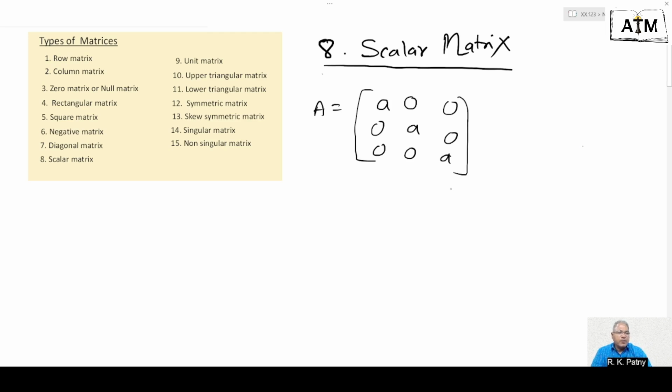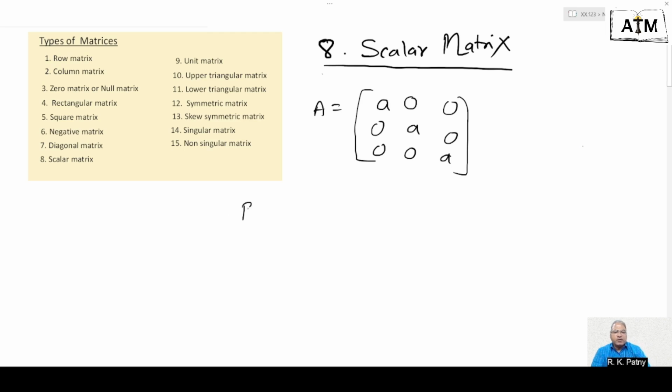So in case of a diagonal matrix, if all the elements along the diagonal are equal and the rest of the elements are 0, then it is called a scalar matrix.